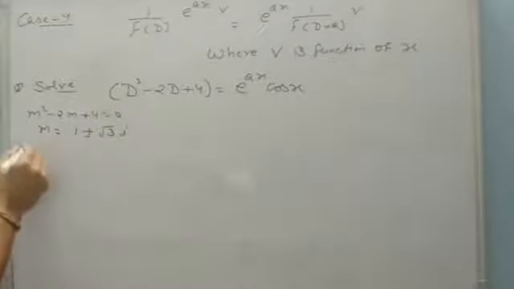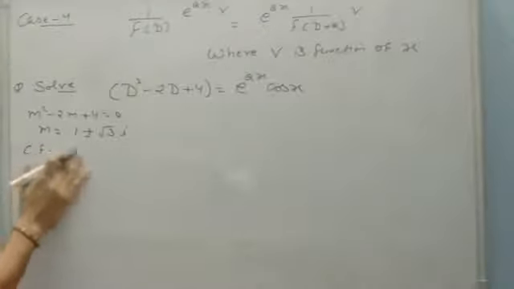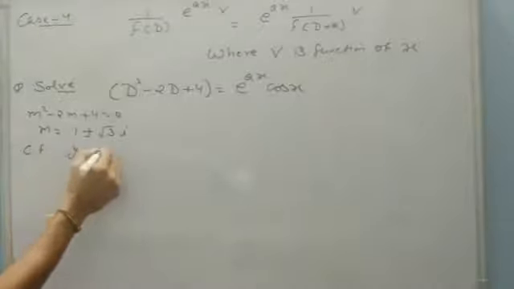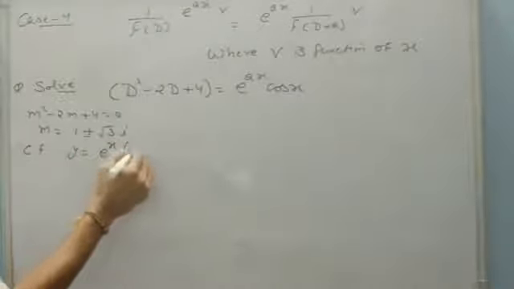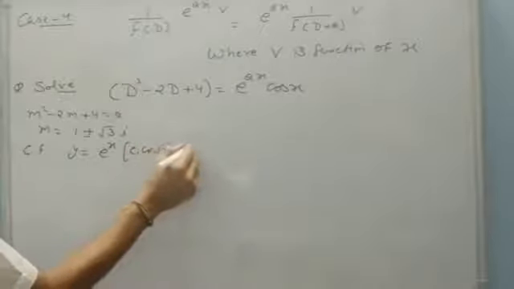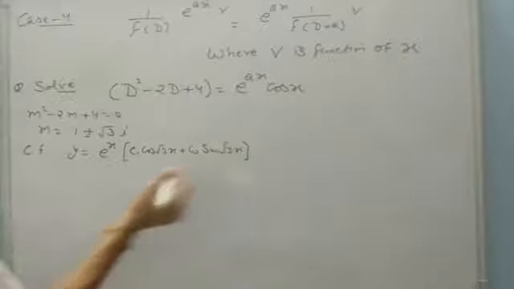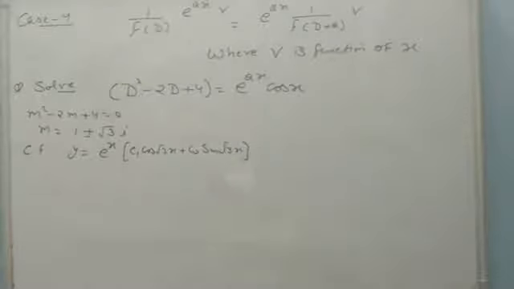So the complementary function will be y equals e to the power x, c1 cos root 3x plus c2 sin root 3x. This is the complementary function. You know how to find it, so I am not taking time on this. Let us go to the particular integral now.